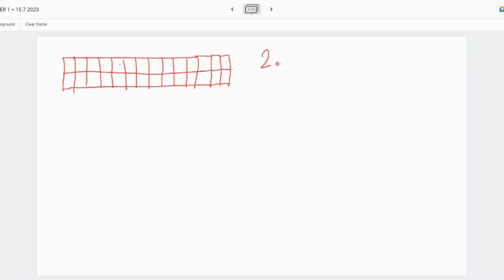I am counting. There are 14 columns, so 2 rows, and in each row there will be 14 seeds. 2 rows, and in each row there are 14 apple seeds.